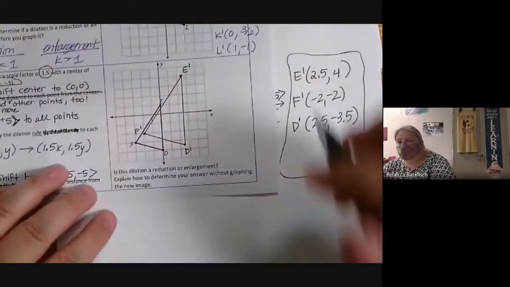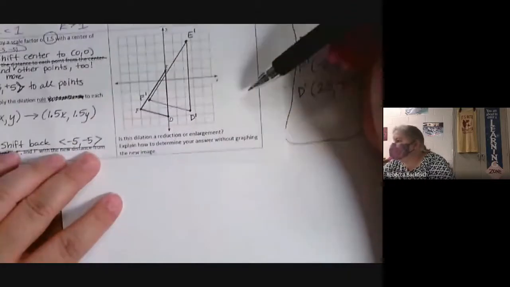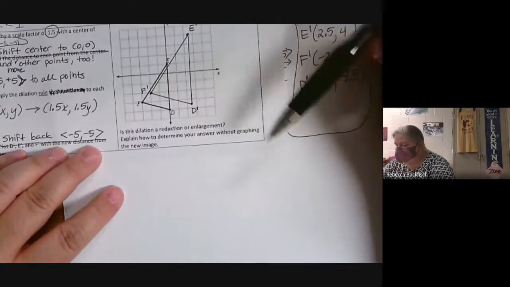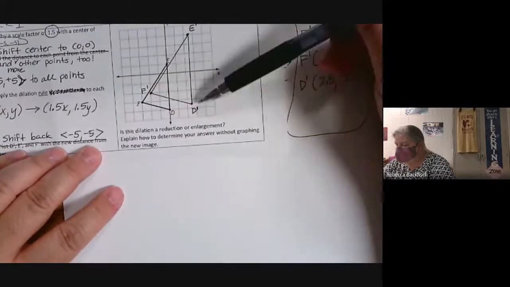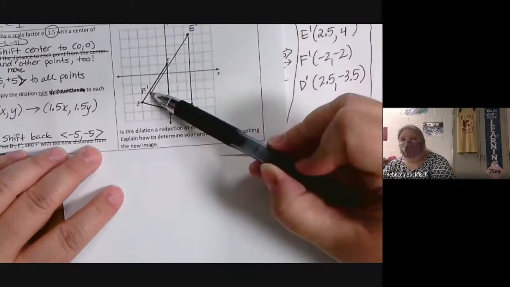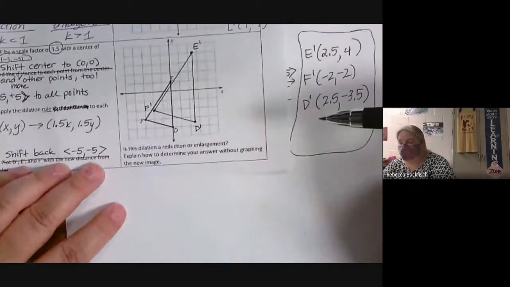Okay, so we also should see the parallelness I was talking about earlier. DF is parallel to D prime F prime. DE is parallel to D prime E prime. FE is parallel to F prime E prime. It can help us check that we've done it right.